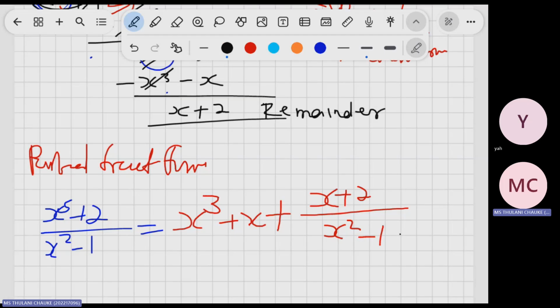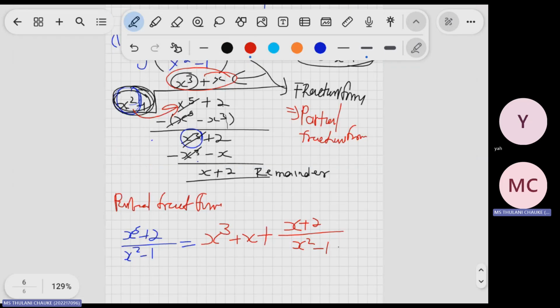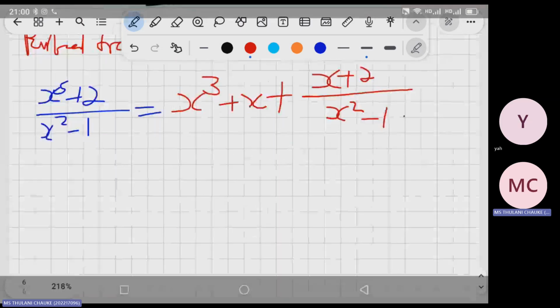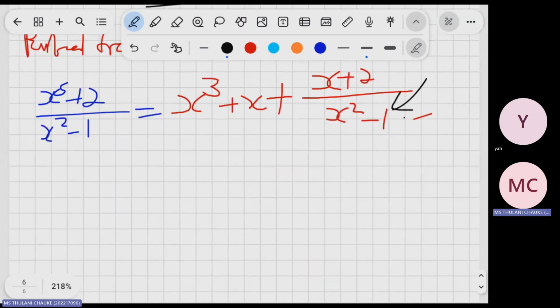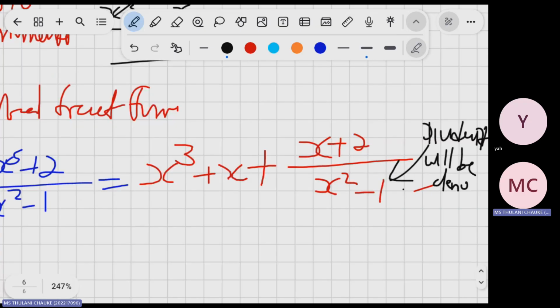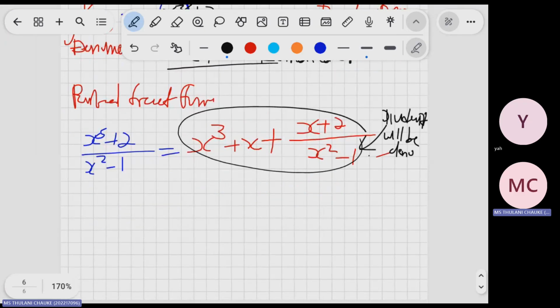That this one goes to the denominator. That's what you must know, that it will come here. Let's say the dividend, yeah? Let's just create our own English. Will be the denominator. So this is equal to that.